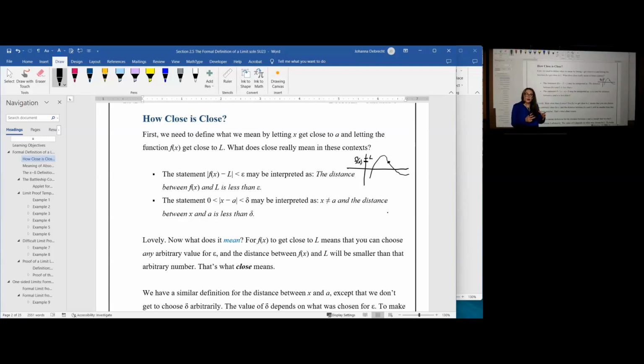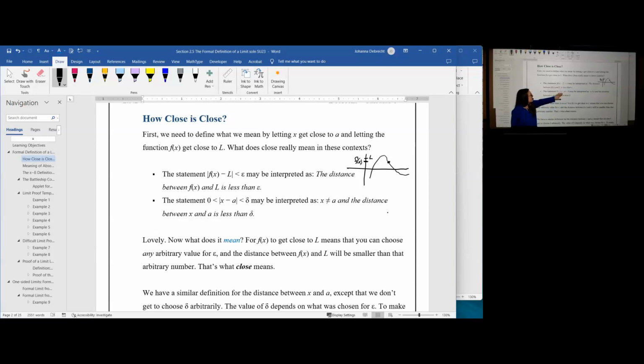To force it to represent the distance, we take the absolute value. And we say it's going to be less than epsilon. Epsilon is a value we're going to choose, and it's totally arbitrary, but it's going to be small. We want to be very close to L, so we'll choose 0.1, 0.01, etc. The trick is, no matter what I choose for epsilon, I should be able to figure out how close I need to be to A to make that happen.